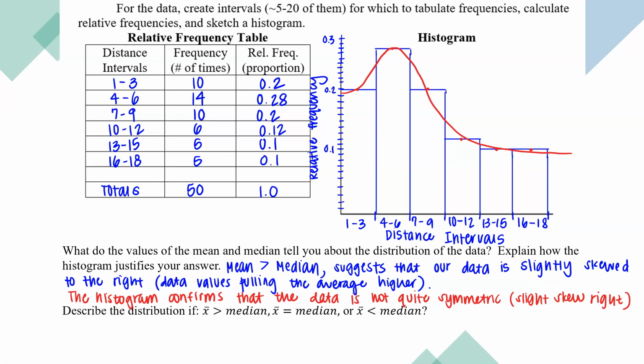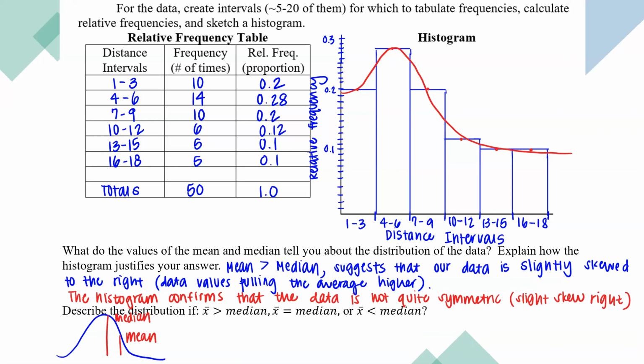Describe the distribution if x bar, or the mean, is greater than the median, x bar is equal to the median, or x bar is less than the median. When our mean was greater than the median, this was an example of a right skew. Our histogram would match the one that we see above.